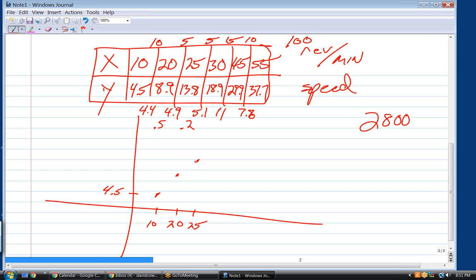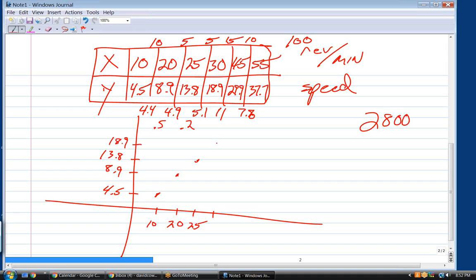And then when it's 25, it's about there. It's actually looking almost linear at this point. And then when it's 30, it goes up to 18.9. Let's see, that's 8.9. That's 13.8. 18.9 would be another 5, so that would be about right there.